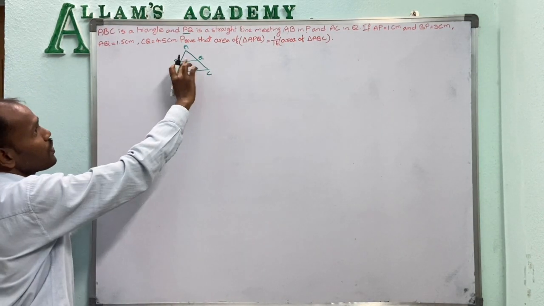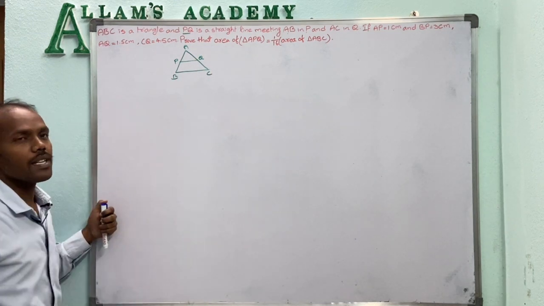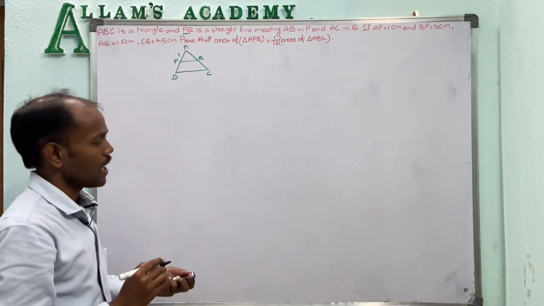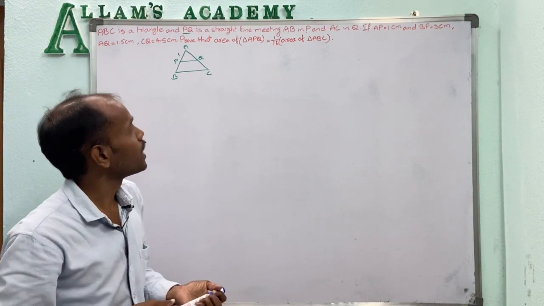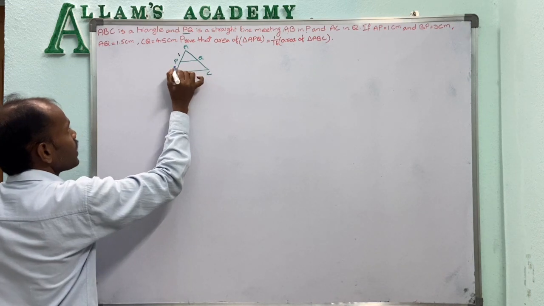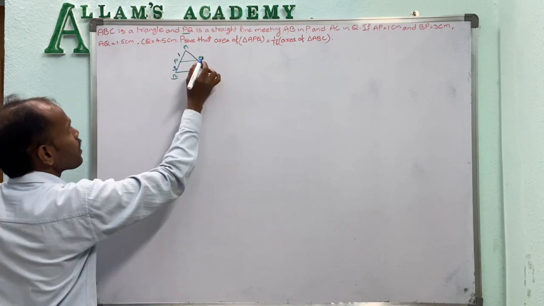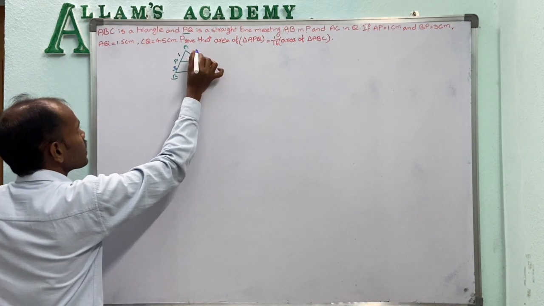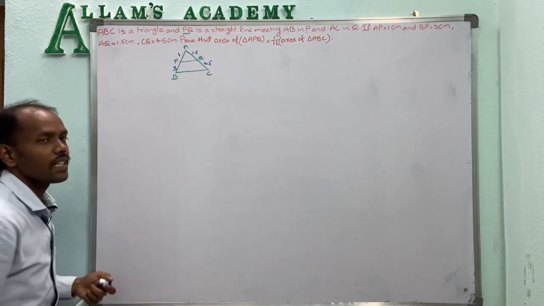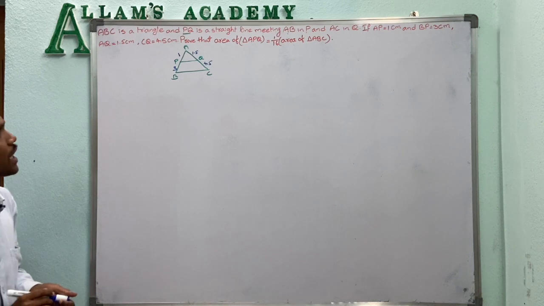So now if we observe the given measurements, AP equal to 1 centimeter and BP is 3 centimeters given, and AQ is 1.5 centimeters given and CQ is 4.5 centimeters given.